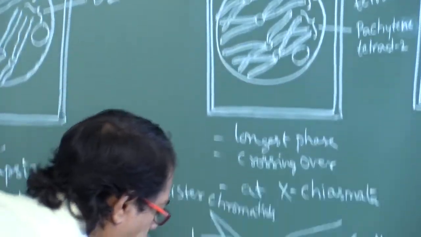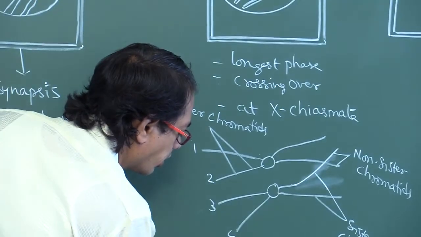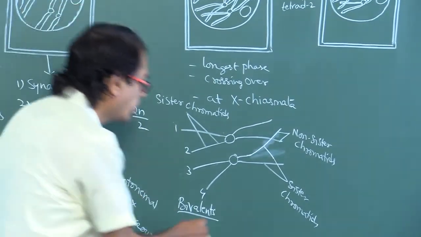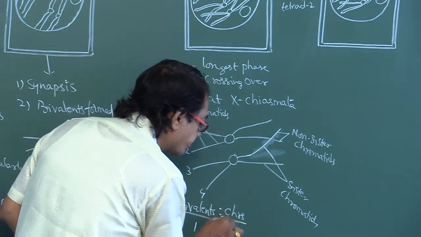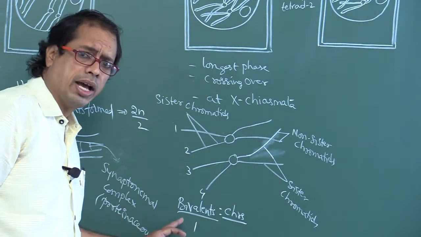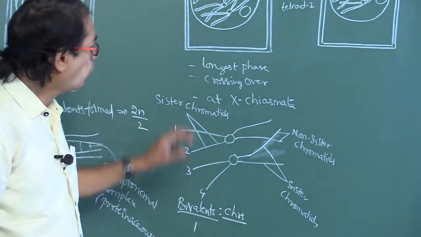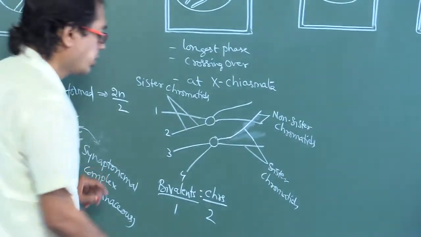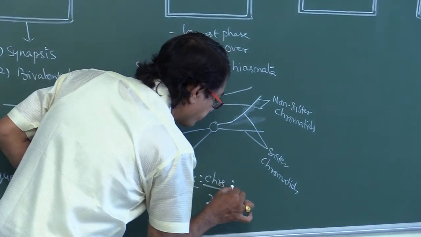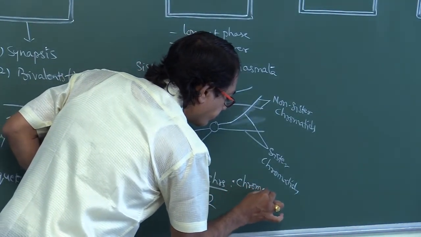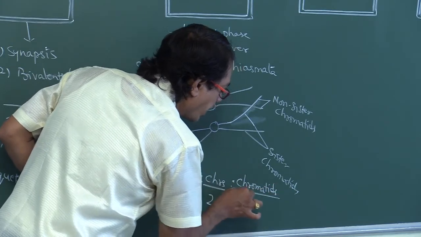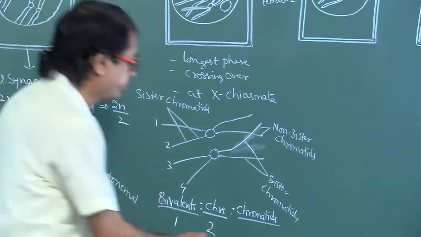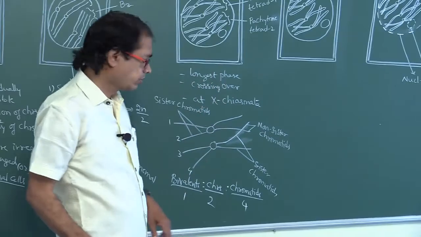Now I am asking a few questions. Consider the ratio between the number of bivalents and chromosomes. One bivalent means the number of chromosomes is 2. Next, the number of chromatids: a bivalent contains 4 chromatids.